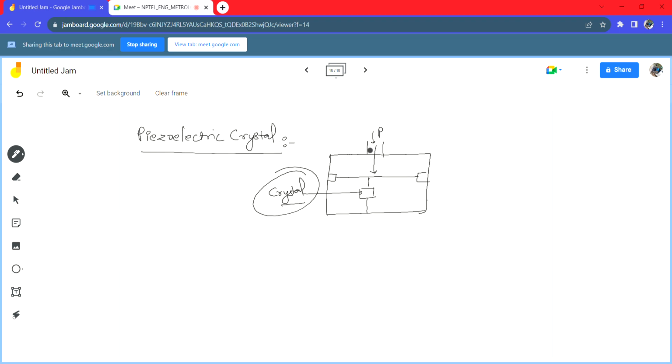So we have seen for a material like quartz, when external pressure is applied, without any supply or anything changed, it creates a potential difference, or basically voltage.